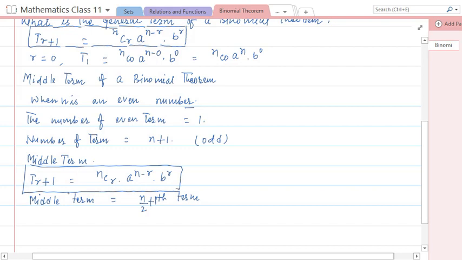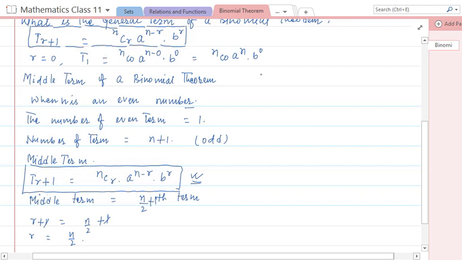So T r plus 1 equals n by 2 plus 1. Here r plus 1 equals n by 2 plus 1, the 1 cancels out, and we get r equal to n by 2. So we put the value of r in the right hand side and we get the middle term.